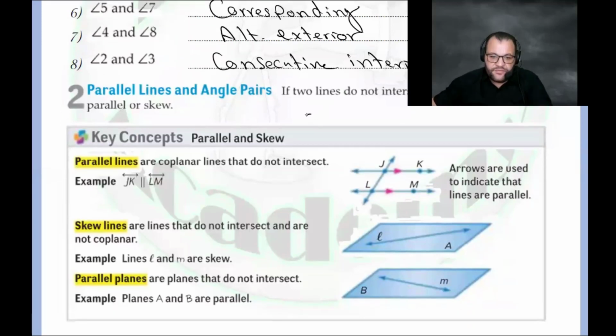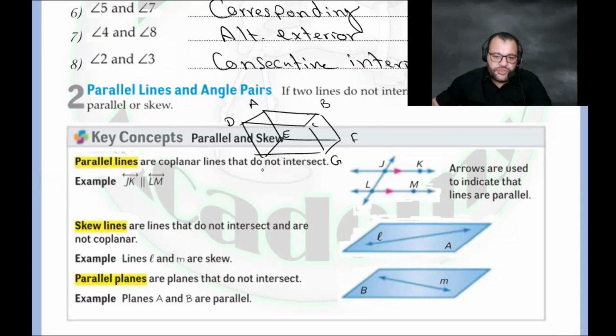For example, if you have a cuboid like that, a rectangular prism, I will name the letters now: A, B, C, D, E, F, G, H. AB is a line. It's parallel to DC.